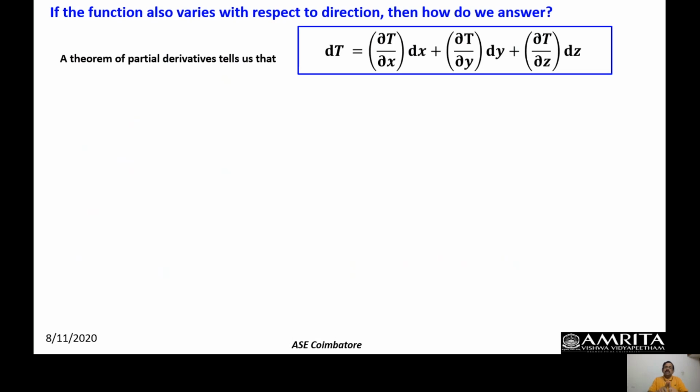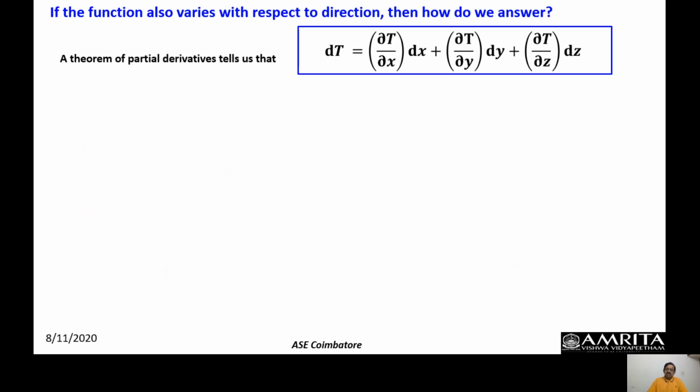Therefore, temperature is a scalar function. It has only values associated with it, not a direction. Therefore, to see the change in temperature in space, it is enough to invoke three derivatives. That is what the partial derivative theorem says, not n derivatives as it appeared a while ago.